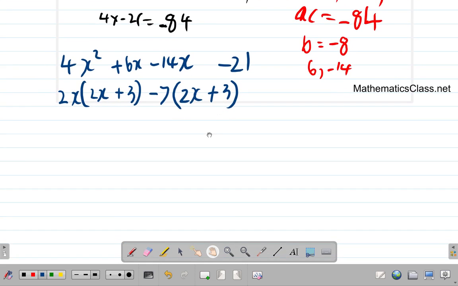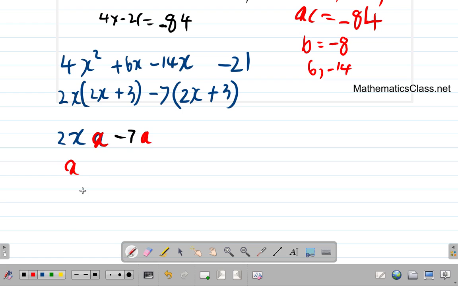Alright. Now, you see this 2x plus 3? It is a common factor here. Because this would be like 2x times, say, a. 2x times a. Then we have minus 7 times a.